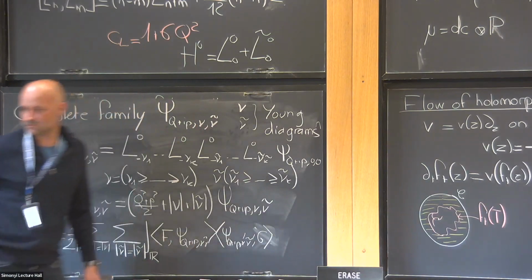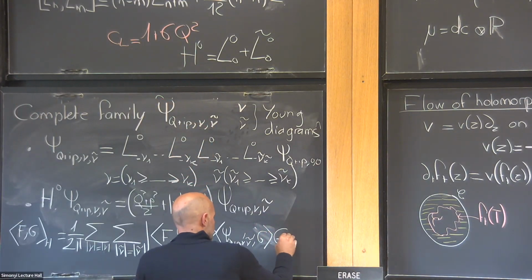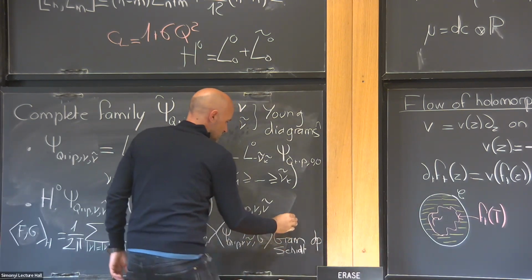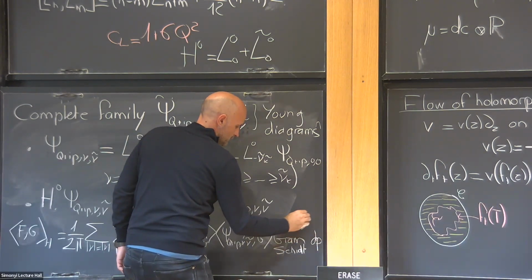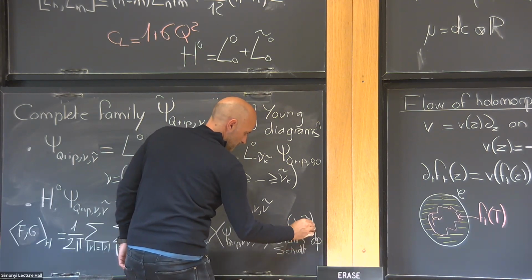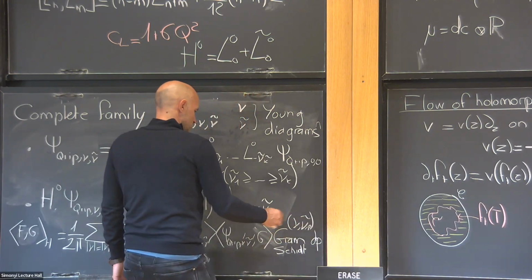And there are Gram-Schmidt coefficients. This Gram-Schmidt coefficient depends on mu tilde and p. Well, they depend on the Young diagrams, p, the nu tilde, the nu primes.